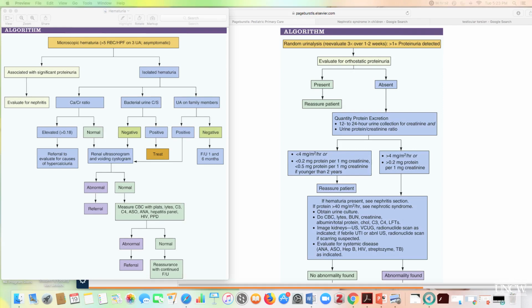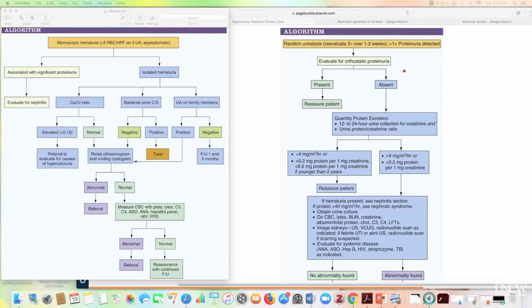If that's what you think is going on, reassure the patient. Or you could even say, take this urine cup with you, go to bed tonight, pee for me your very first morning void, and then bring me in that urine and I'll test that instead, okay?